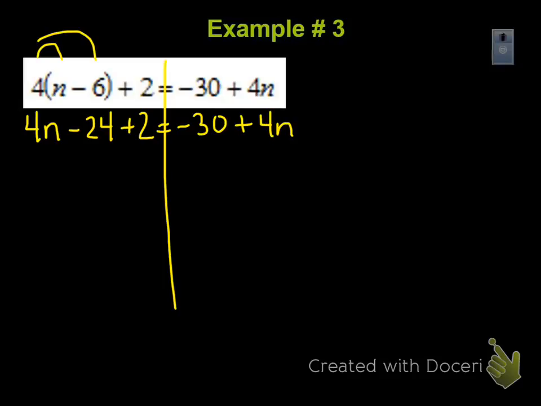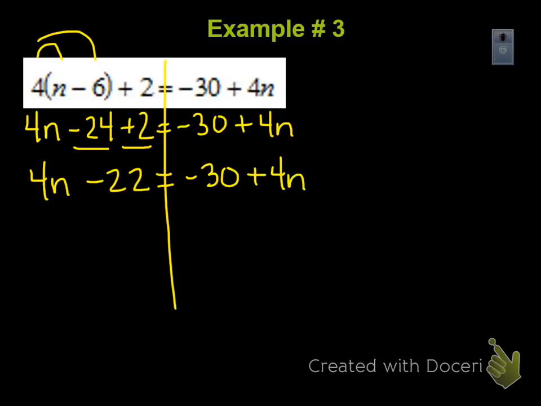Now I want to combine like terms. So on the left-hand side here, I see that I have a negative 24 plus 2, which gives me negative 22, and I still have this 4n, so 4n minus 22 equals. On the right-hand side, I do not see any like terms, so I'm just going to write that down again. So I have negative 30 plus 4n.